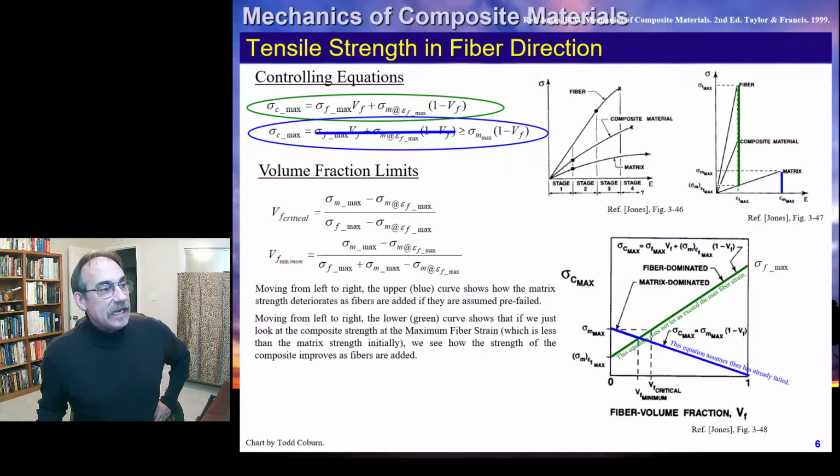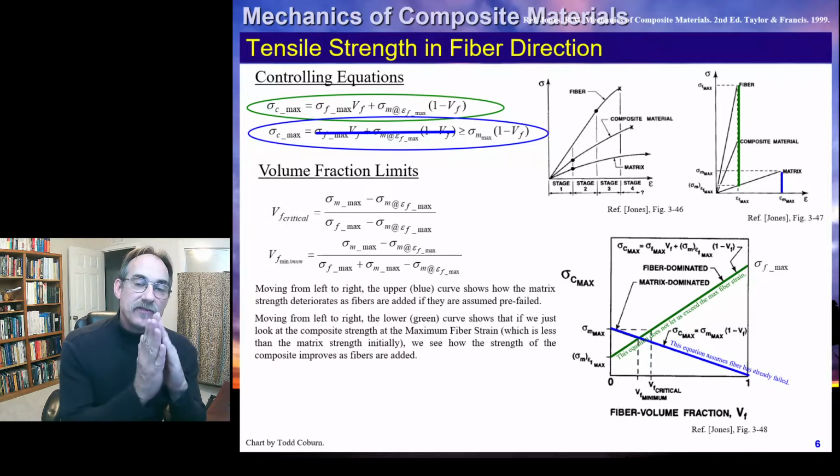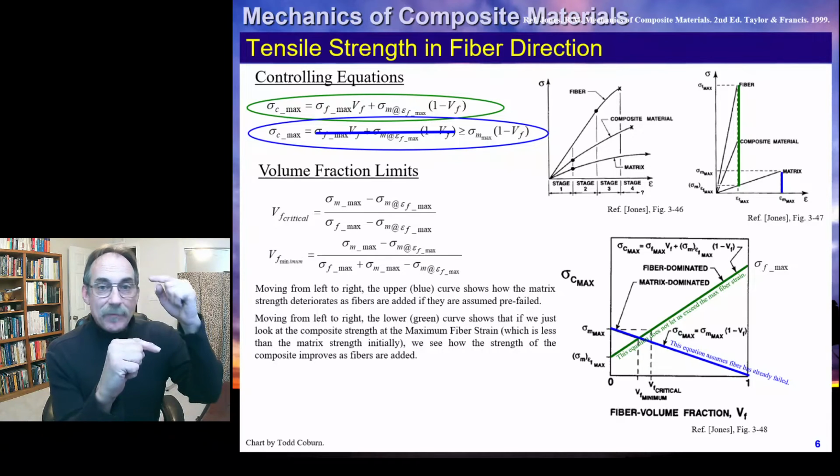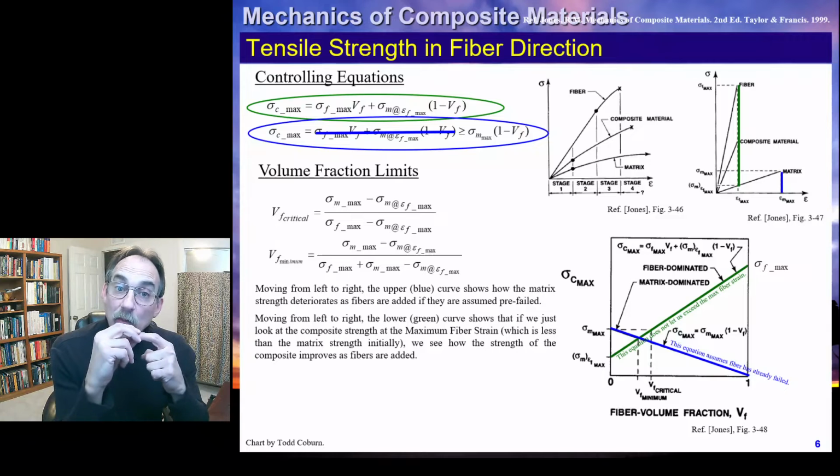So starting at the left of the green curve, we have no fiber, but we're only limiting the matrix to the fiber strain, which means the matrix strength, instead of being at this value, we're limiting it at the point where the fiber has failed.